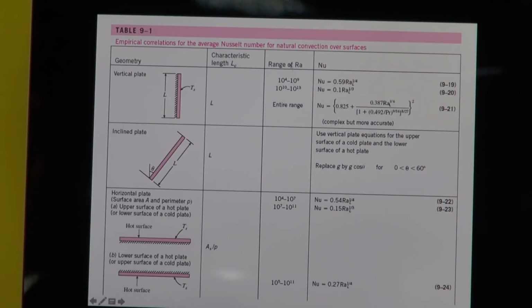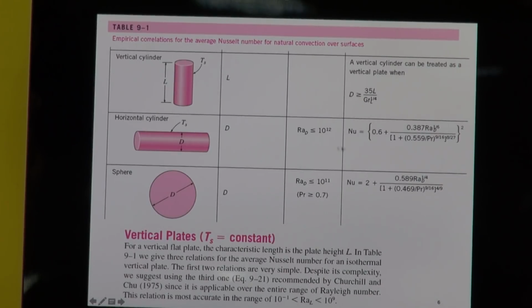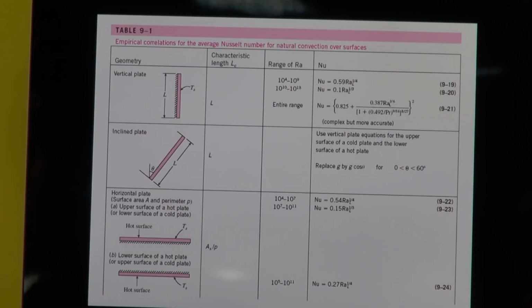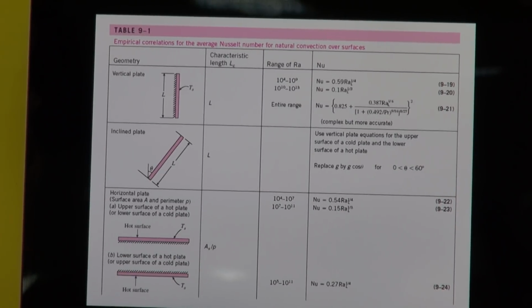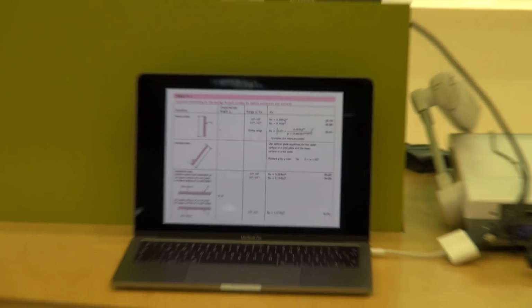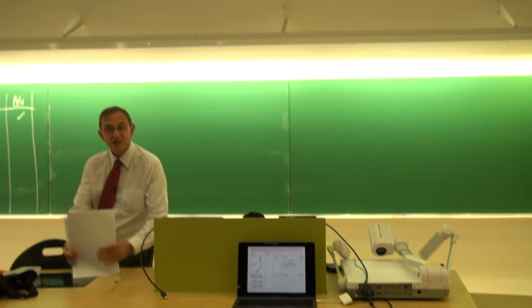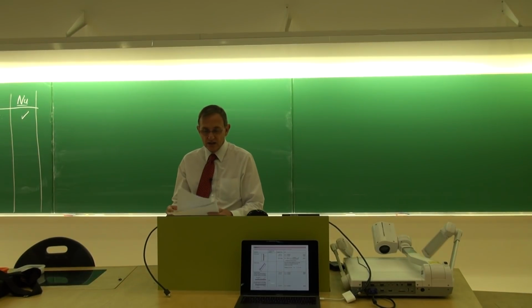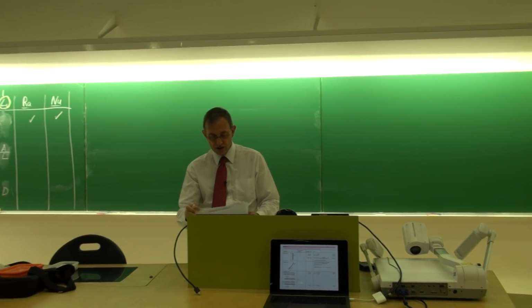Okay, and there's the Rayleigh number range, the Nusselt numbers, and then there are three more geometries typically of which all the values are given like that. Okay. These geometries are just some of the simplest which are available in literature. There are many more, but if you are interested in other types of geometries, then you have to go and look in the literature for it.